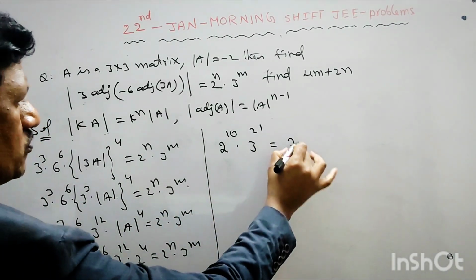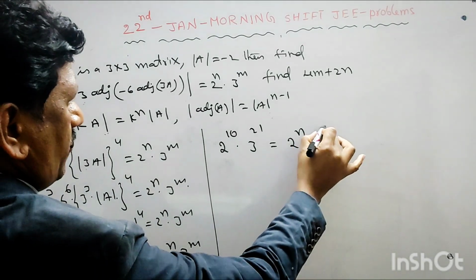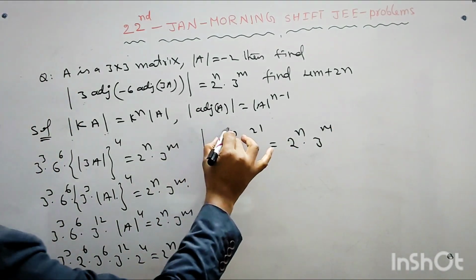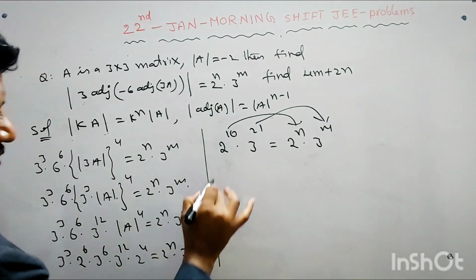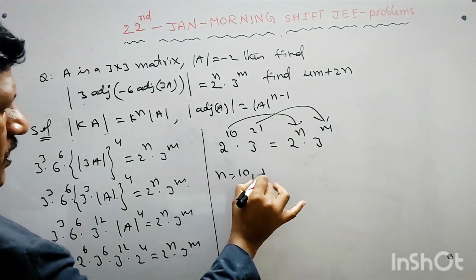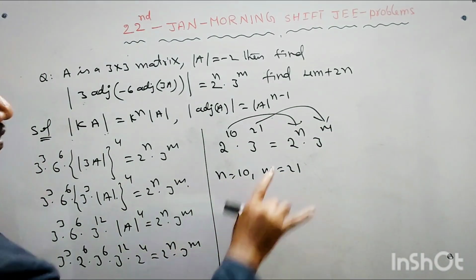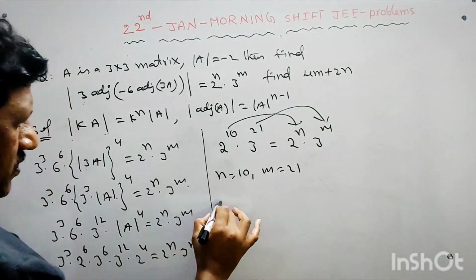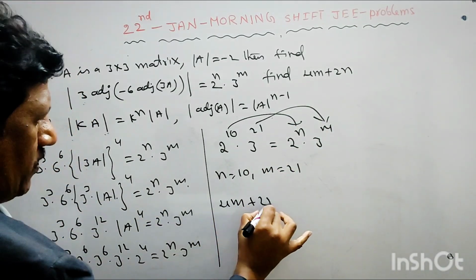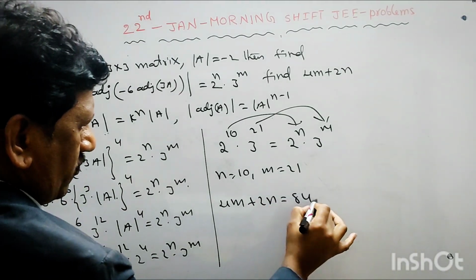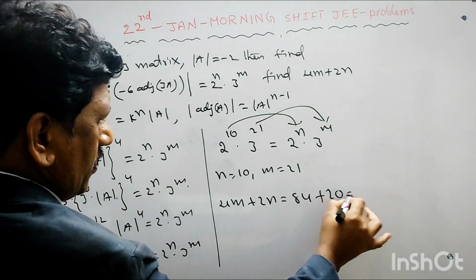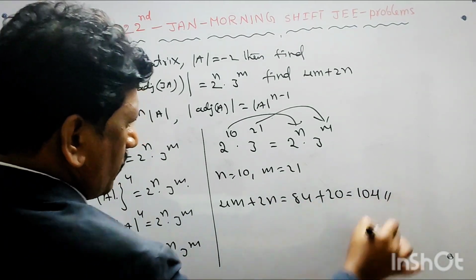What is there, students? 2 to the power of n into 3 power m. Then by comparison, n is equal to 10 and m value is 21. So what we need to find out? We have to find out the value of 4m plus 2n. So here 4 into m, that is 84, plus this is 20, answer will be 104.